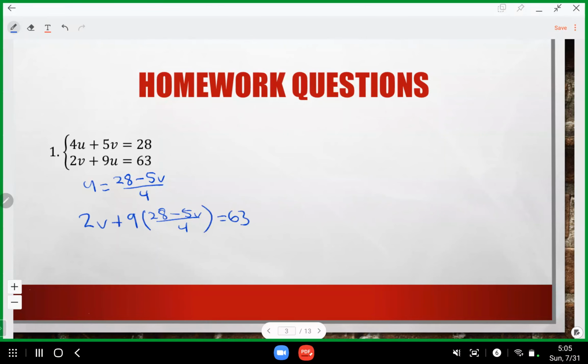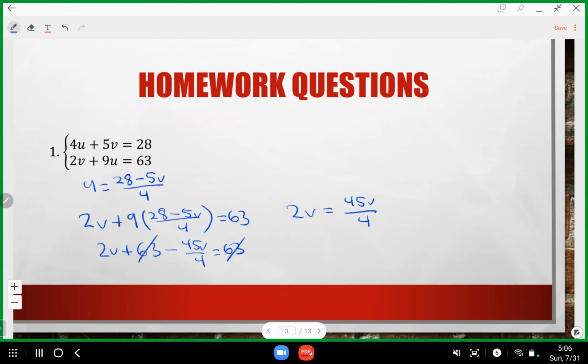Then 2V minus 45V over 4 is 0. Then 8V minus 45V is 0. Negative 37V is 0, so V is 0. After that, I plugged 0 into every V in the first equation, which got me 4U plus 0 is 28, so U is 7.